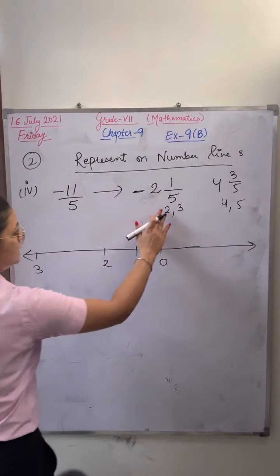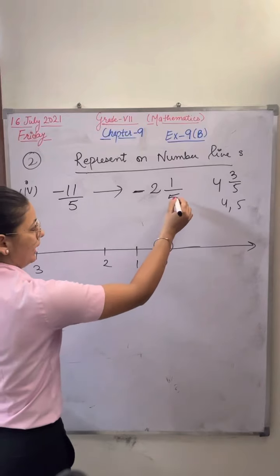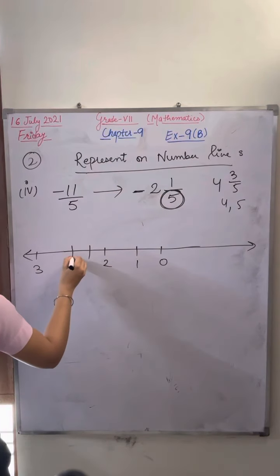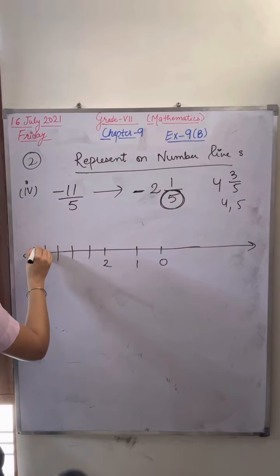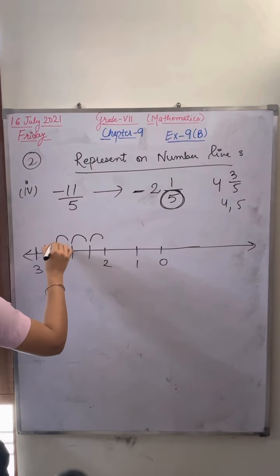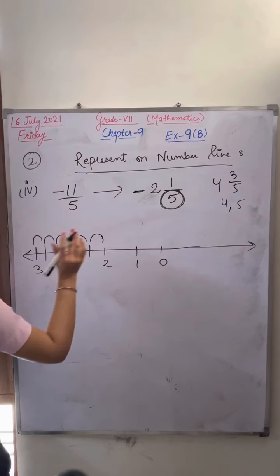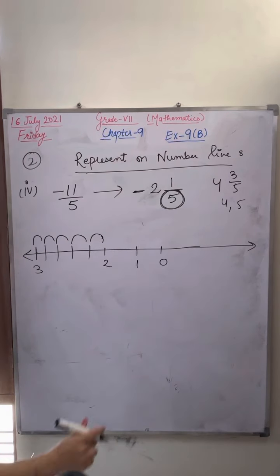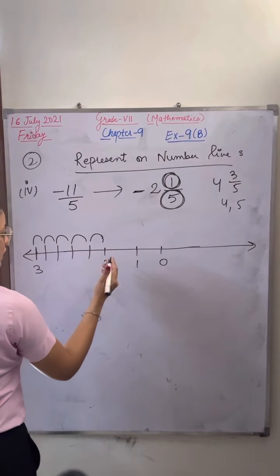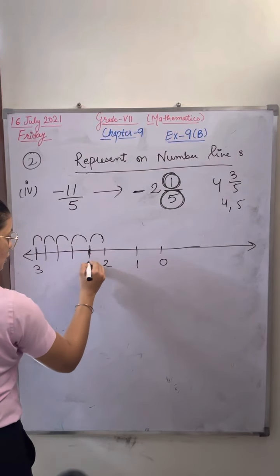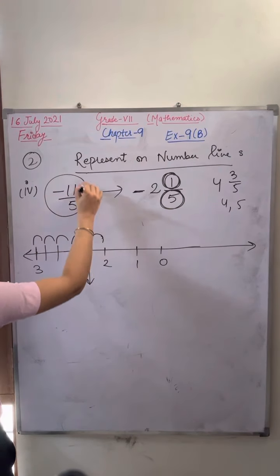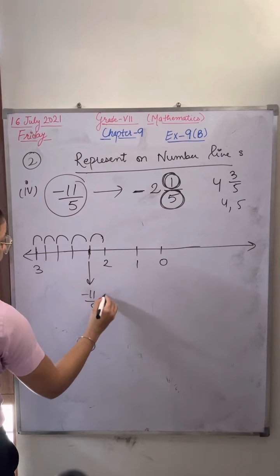The rest of the steps are the same. Make 5 partitions: 1, 2, 3, 4, and this is the 5th. 5 partitions made. Now check the numerator. The numerator is 1. So from 2, the first is your answer. So write down here, the answer is this: minus 11 upon 5.